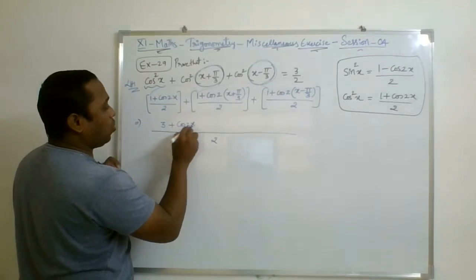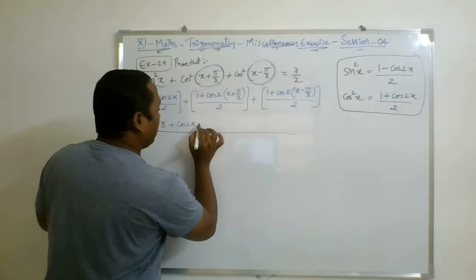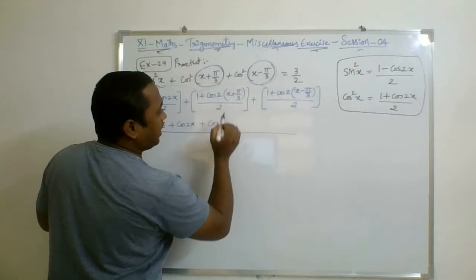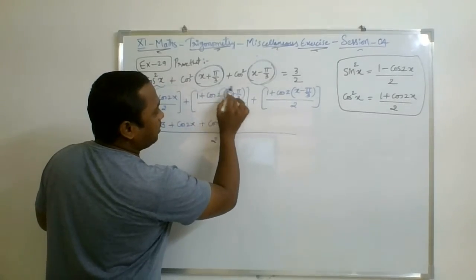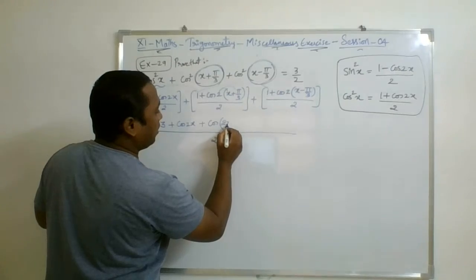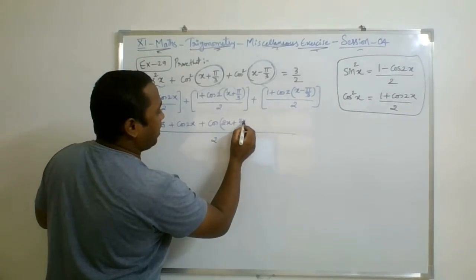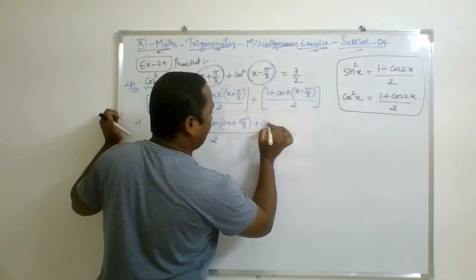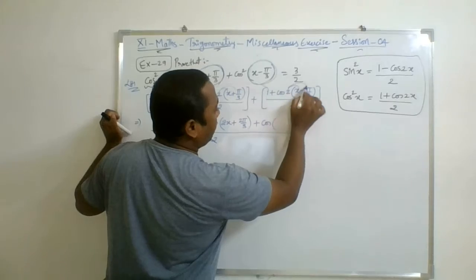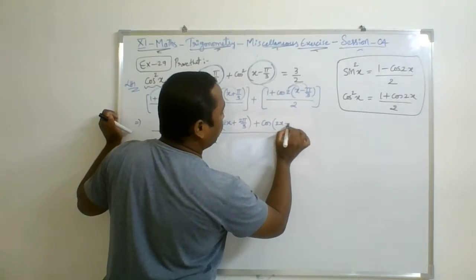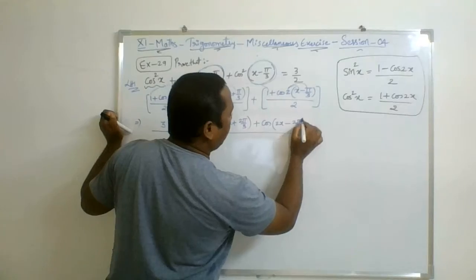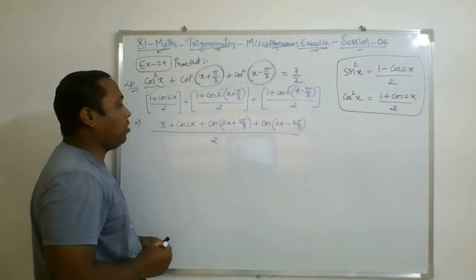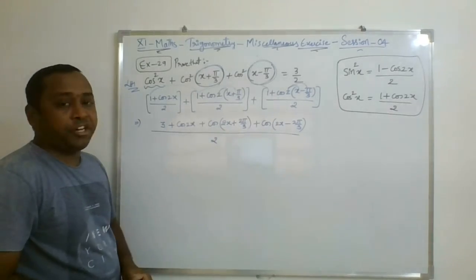I am writing as it is: cos 2x is left, plus cos of, when you multiply inside, this 2 is multiplied inside, it becomes 2x plus 2 pi by 3, plus cos of, here also 2 can be multiplied inside, it becomes 2x minus 2 pi by 3. So this is what we get after taking an LCM and all. So now the step is reduced.